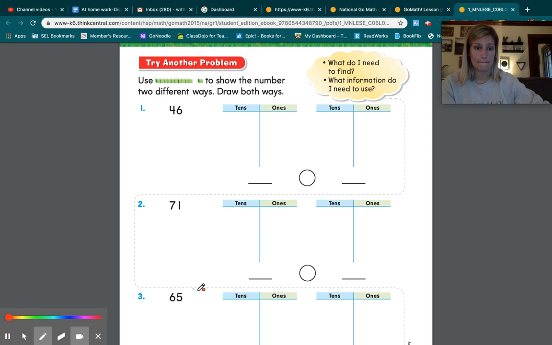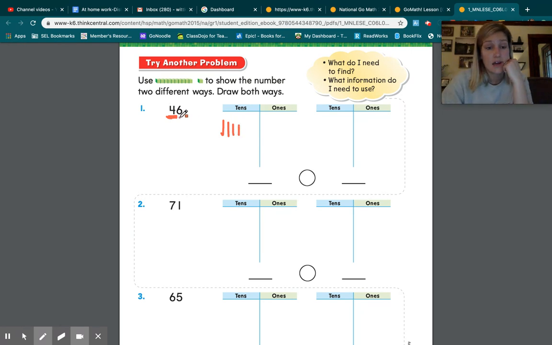All right, let's look at 46. Well, I know there's 4 10s in that number, remember, because this first digit in a 2-digit number shows us how many 10s there are. So let's draw a quick picture. 10, 20, 30, 40. We're not at 46 yet. Remember, the second number in a 2-digit number shows you how many ones.